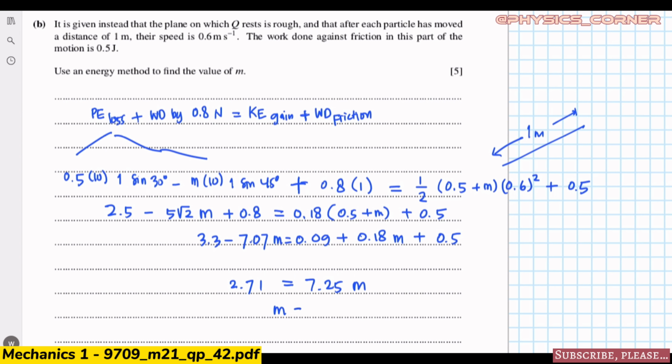So m we get by dividing, which is 0.374 kilograms. Okay, that's it, done.